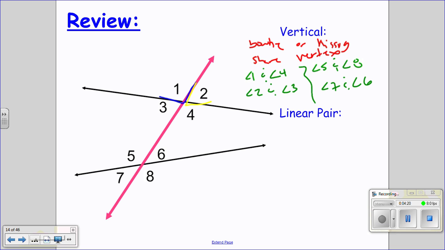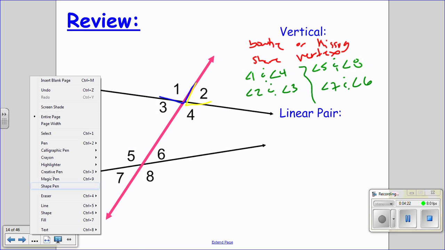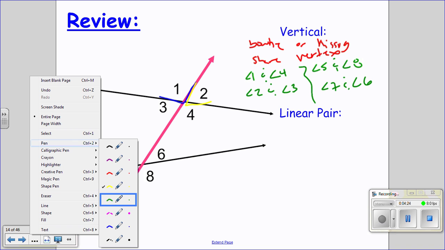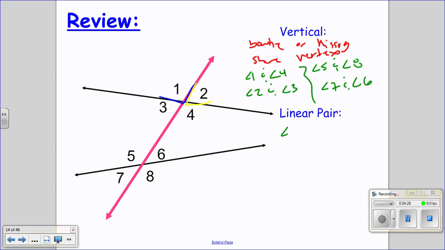So that would be one linear pair. Then we could also say angle 3 and angle 4 for that same reason, adjacent and form a line. Next would be angle 5 together with angle 6, angle 7, and angle 8.